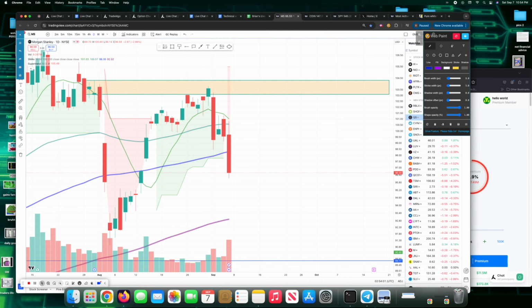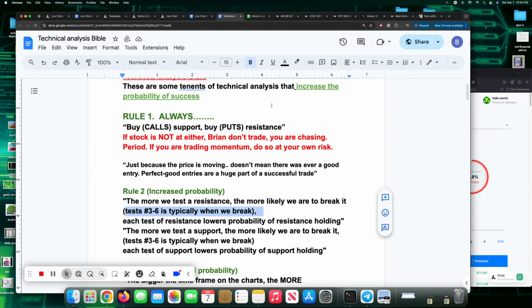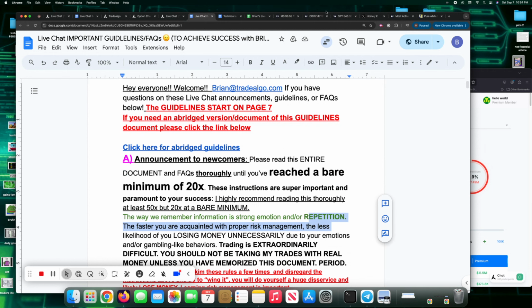So with MS, first test of the bottom, first test of the middle. But if we started testing the middle more than once, especially with frequency, I would have been like, maybe it's time to ditch this trade or reduce my position size. So what the candles do matters, and you're only going to tattoo this on your brain the more you read it, because how we remember information is repetition, repetition, repetition.